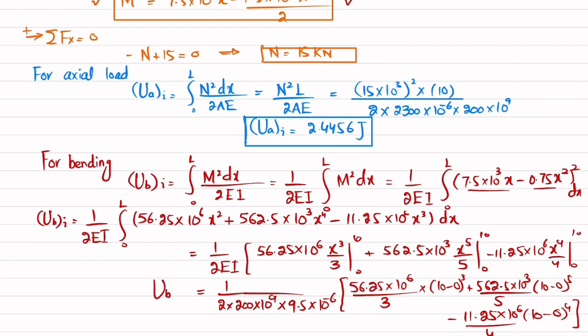This will give you the bending strain energy. When you solve all this, at last you will get the bending strain energy U_b equal to 493.2 joules. Now you have both of these clear.